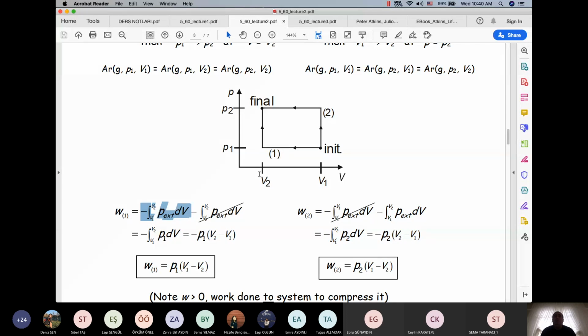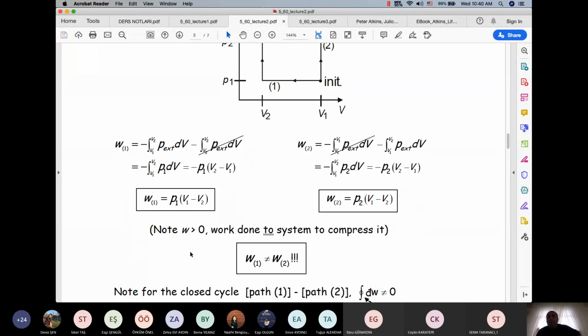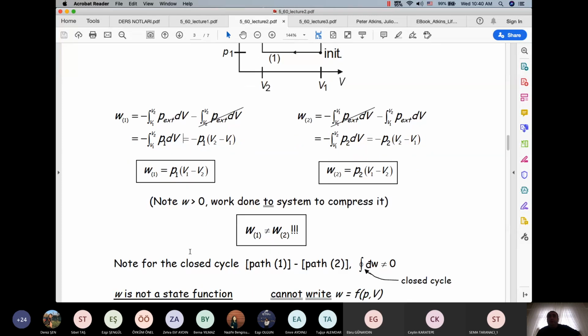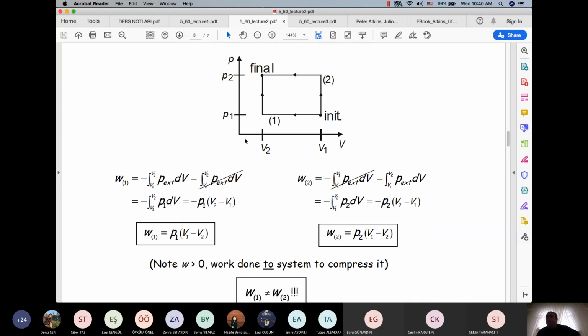So from here to here, the work done is given by P1 dV. Now, as you see, I went from here to here in both cases using two different paths, but I ended up spending different works. So W1 is not equal to W2 because the pressures are not the same.